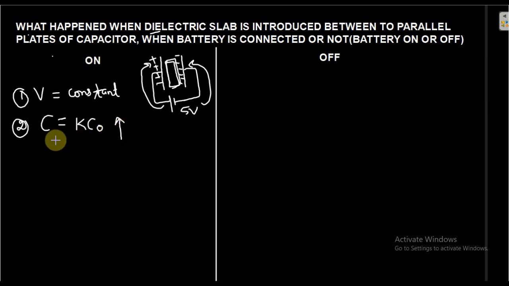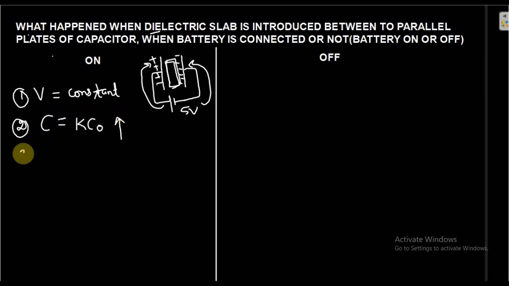We can write this directly because we already derived how capacitance increases. From that derivation we can say that when we insert a dielectric slab between a parallel plate capacitor and the battery is on, the capacitance will increase.